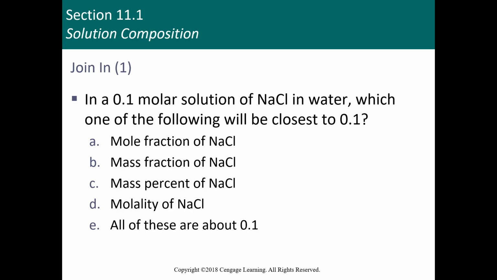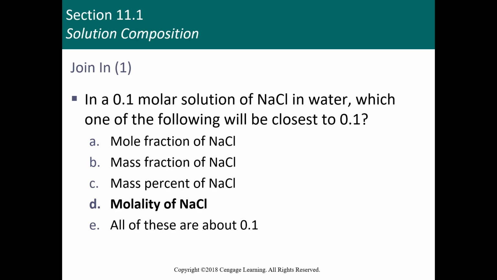So in a 0.1 molar solution of NaCl in water, which one of the following will be closest to 0.1? Which one of these would be the most similar? Now 0.1, that's a fairly small number, so that means it's a fairly dilute solution. One of the things I had pointed out to you is that if you have a very dilute solution in water, the molarity is going to be very similar to the molality.